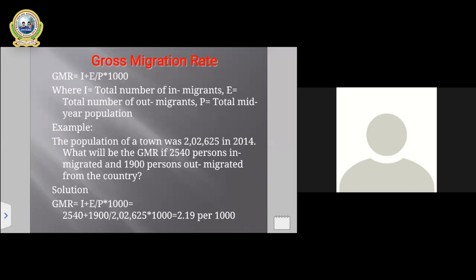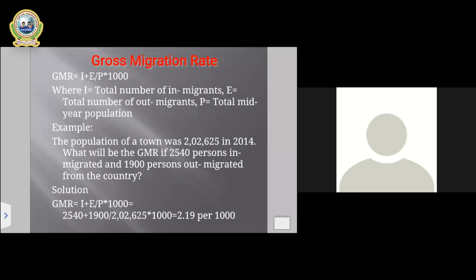So the meaning of I, E and P is the same as we just discussed in net migration rate. What is the meaning of I? What is the meaning of E? And what is the meaning of capital P? So once again, I want to read the meaning of I, capital E, capital P. I is the total number of in migrants, as I told you, the total incoming population.